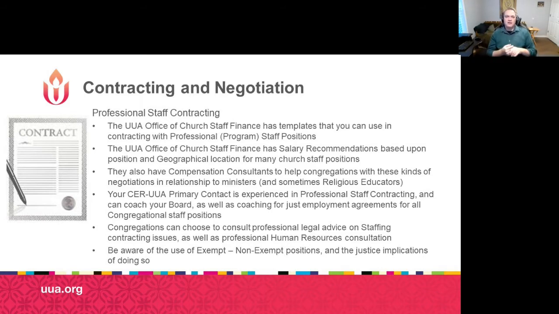There is some additional cost when it comes to transitions coaching, when the congregation's in search for a new minister, and some additional cost for adjunct consultants when one of those isn't appropriate for your congregation. The answer of what the cost is really depends on the consultation itself.